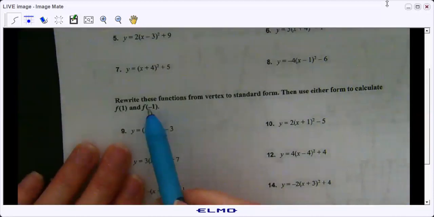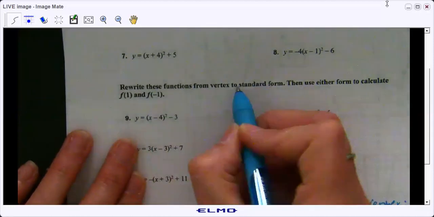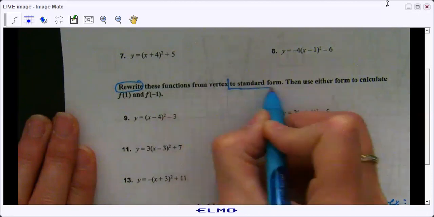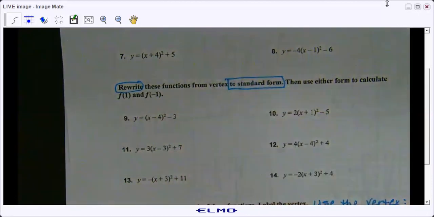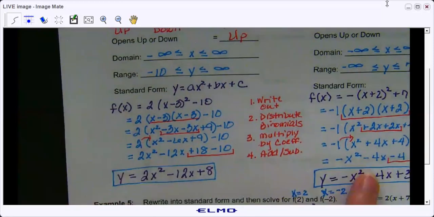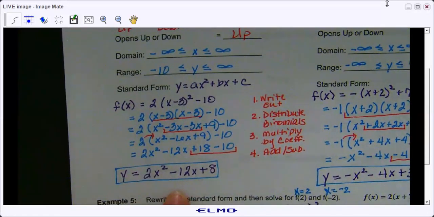Now this one, you have to take these equations and rewrite them into standard form, like what we did here for examples 3 and 4. We took the equation and turned it into standard form.